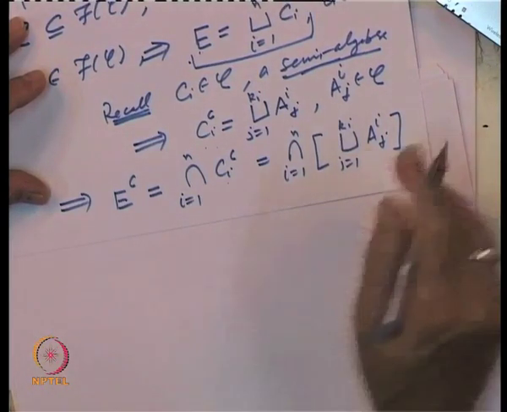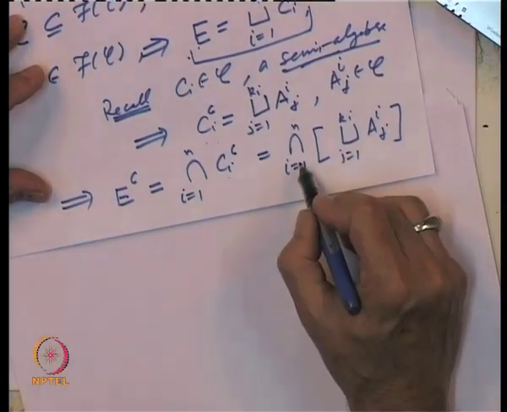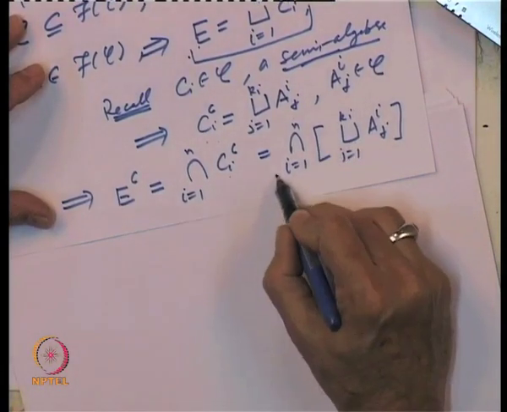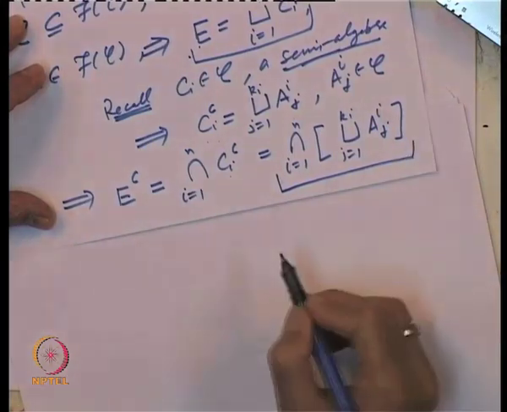Now, we use the fact that intersection distributes over union. So, what kind of set is this?